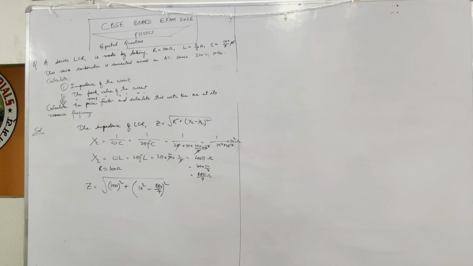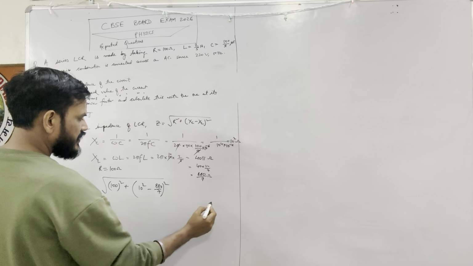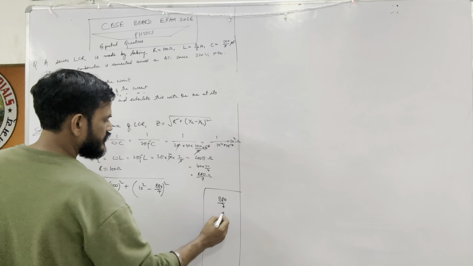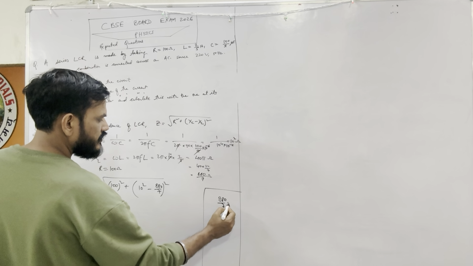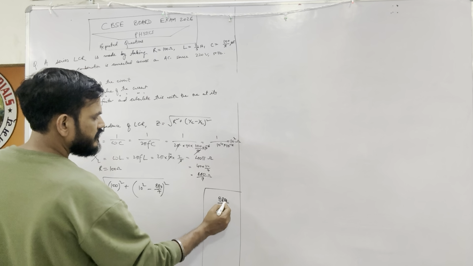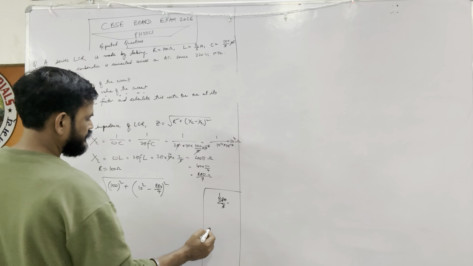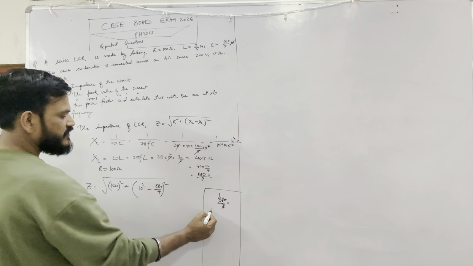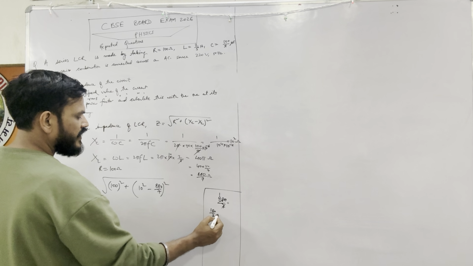So when you solve this, 880 by 7 will give you how much? Okay, so it is 180 by 7 squared.